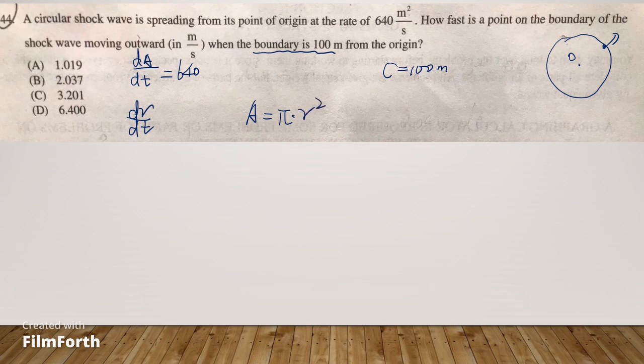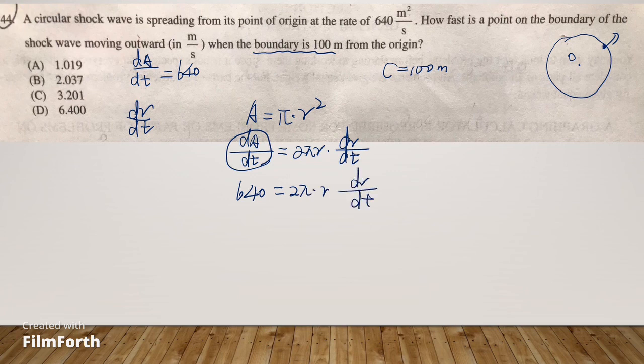And if we take the derivative of this equation on both sides with respect to t, we get our new equation as dA over dt equals 2 pi r times dr over dt. So from the given condition, dA over dt is 640, and 2 pi times r times dr over dt. So we need to get the value of dr over dt.